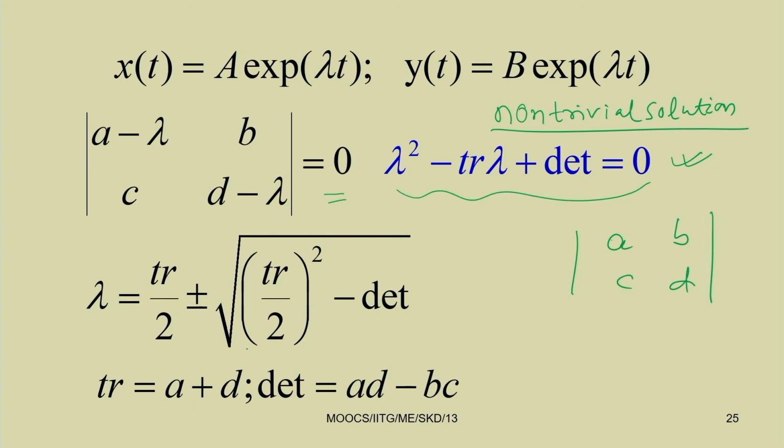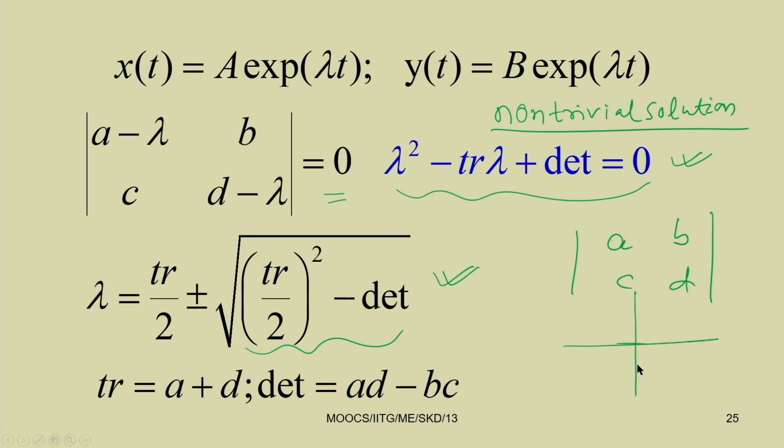Depending on the term inside the root, the nature of the response changes. So, you can have different types of lambda: lambda may be real or it may be complex. In the real case, the real part may be positive or negative.